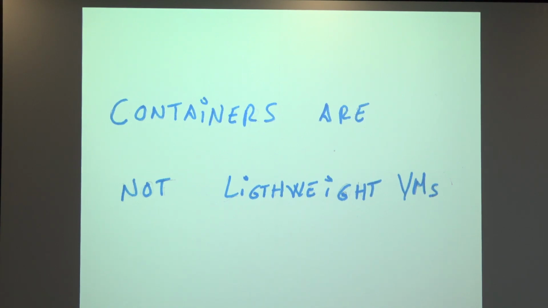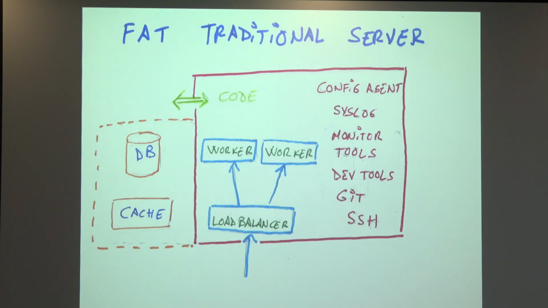And then it got incredibly frustrating, because they're not. Normally when you start with a server, and I'm calling this the fat traditional server, the main idea is that you have some workers doing some work. You have a load balancer maybe on top to spread the load between the different workers. And then you have a lot of auxiliary things: a config agent, syslog, monitoring tools, maybe dev tools if you need them.